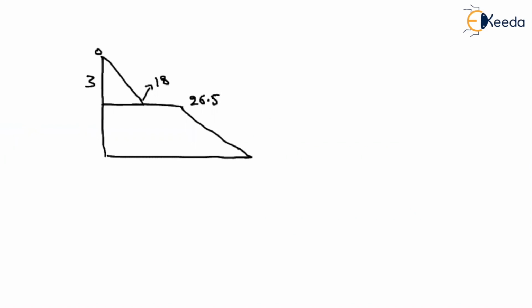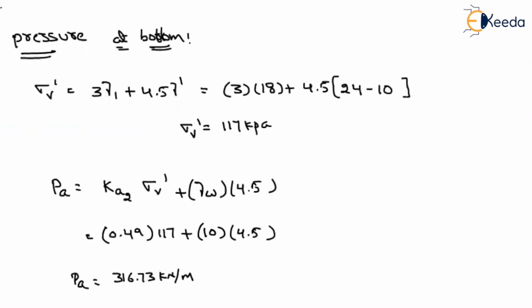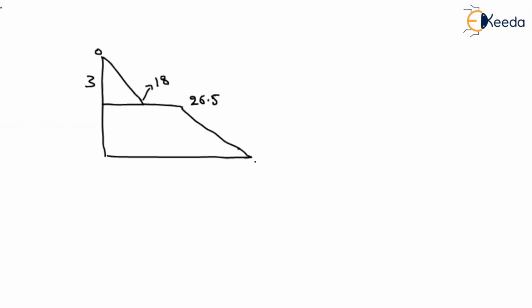Sorry, what did I tell you? The last value is not 316.73. This value is around 102.33, 102.3 kilopascal. So this value will be 102.3. Now, what is the height from here to here? 4.5.